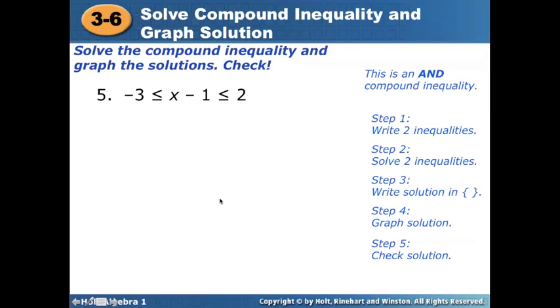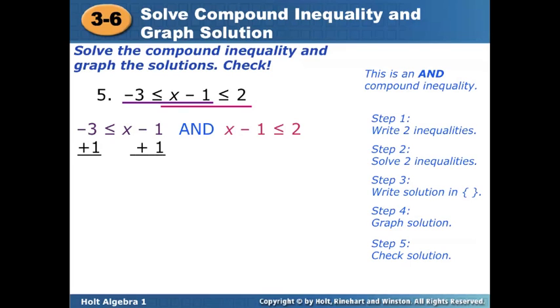Be especially careful to know that you do not just split it in half. Some students try to split it between the x and the -1, and that would be incorrect. Go all the way to that next inequality symbol. So we have -3 is less than or equal to x minus 1, and x minus 1 is less than or equal to 2.